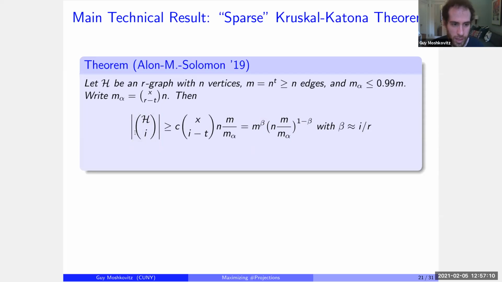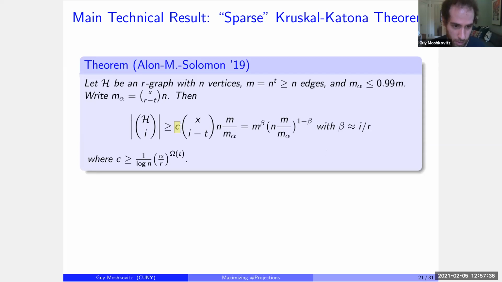The lower bound that we get on the number of i-sets, the i-shadow, is m to the beta, which is basically the bound that Kruskal-Katona gives you, times this factor, which is large if m sub alpha is small. So the more quasi-random your hypergraph is, the larger this expression is.